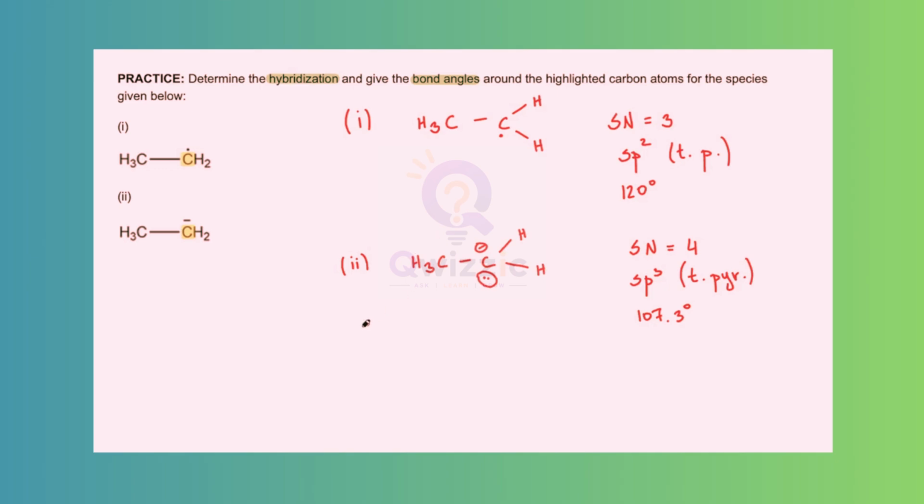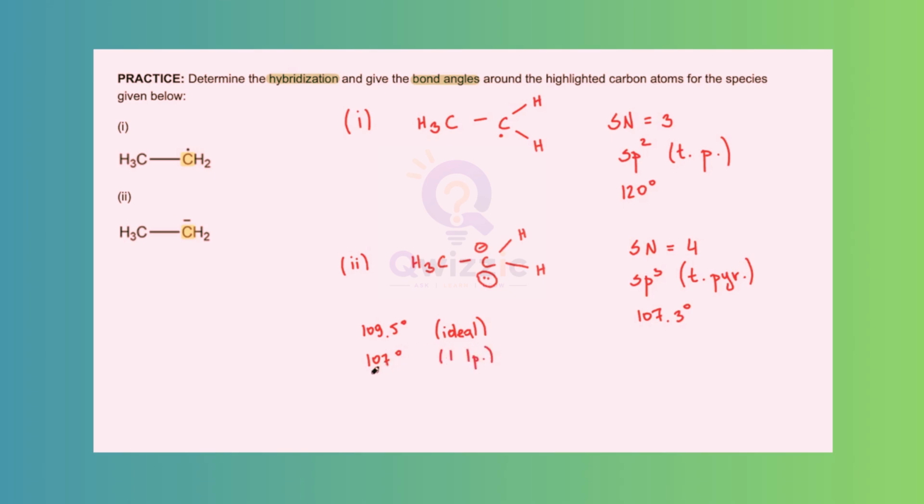If we have 109.5 degrees as an ideal tetrahedral angle, we essentially subtract 2 or 2.5, between 2 degrees and 2.5 degrees for every lone pair present. So we would then have about 107 degrees for ammonia with 1 lone pair.